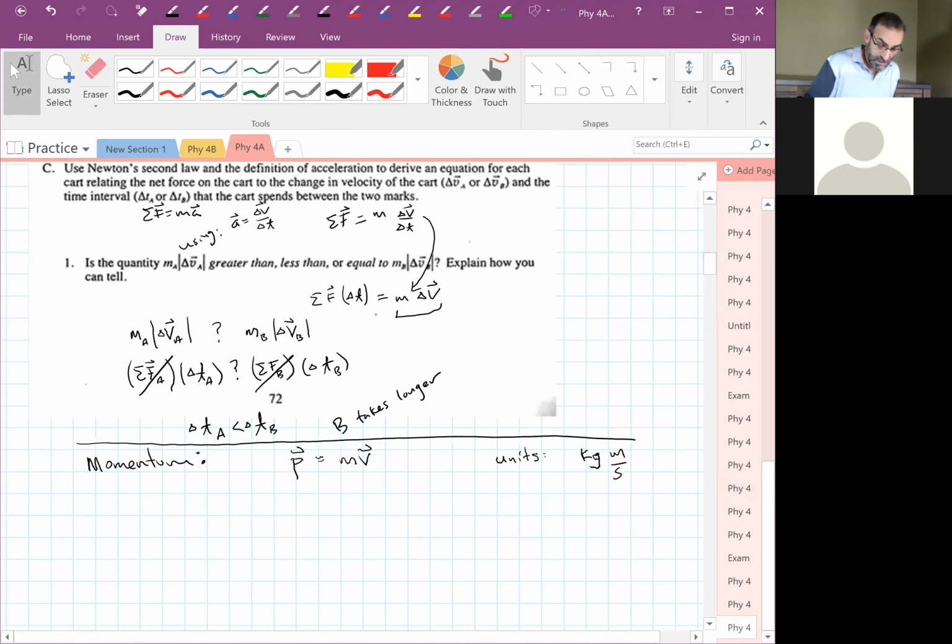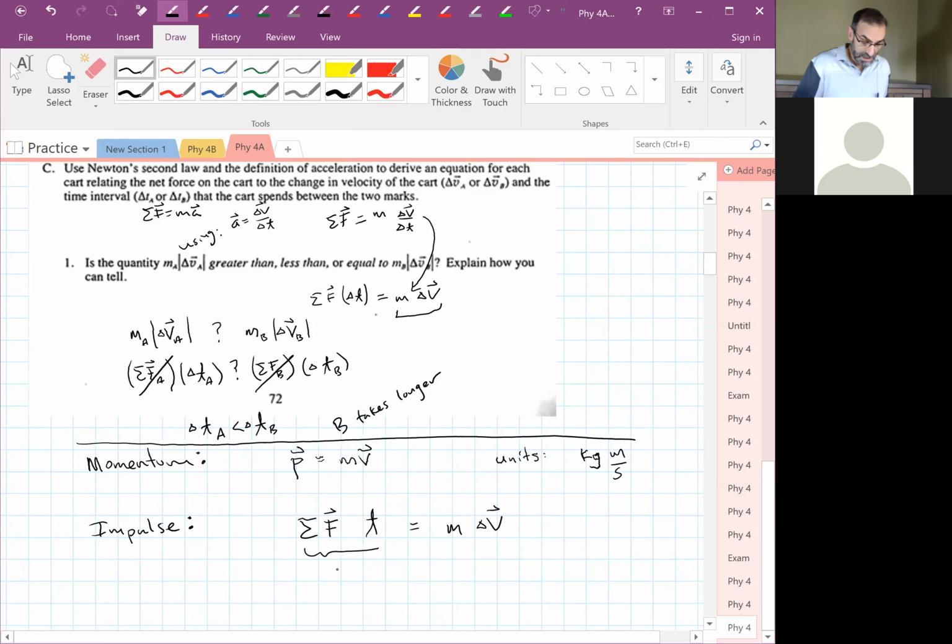Okay, that brings us to our next equation, impulse. The net force times the time is equal to the mass times the change in velocity.